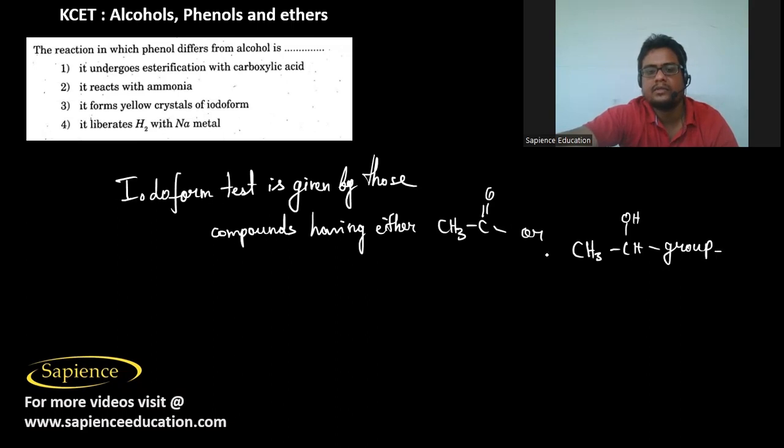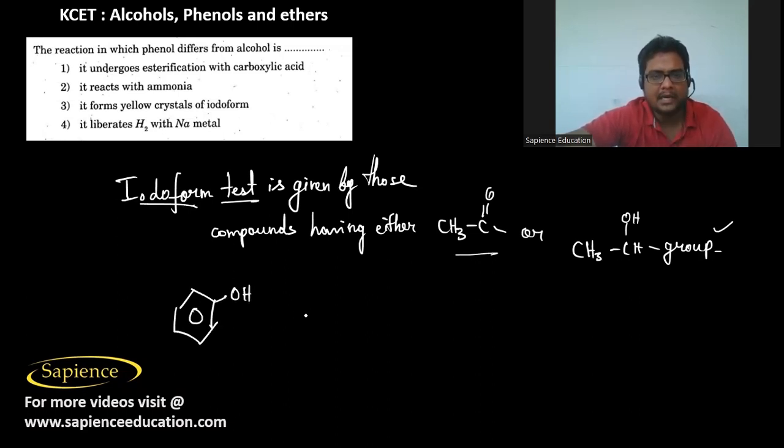So if the compound has either this group or this group, then only it will give the iodoform test. Now phenol is C6H5OH, and alcohol means it is ROH. It means that it can be CH3CH2OH, it can be CH3.